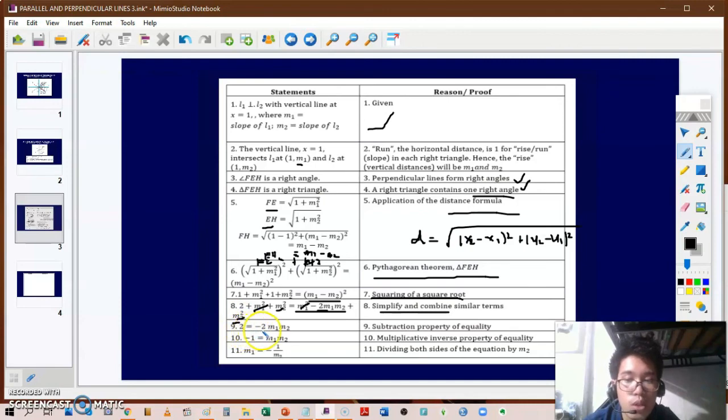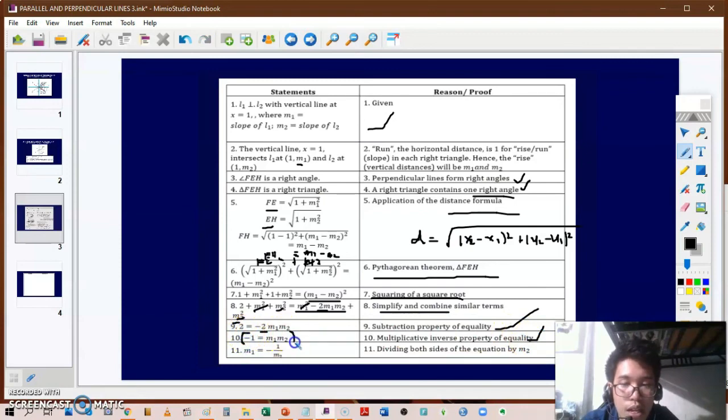By dividing both sides by 2, we get negative 1 is equal to m sub 1 times m sub 2. So we got this formula, negative 1 is equal to m sub 1 times m sub 2, by using the multiplicative inverse property of equality.